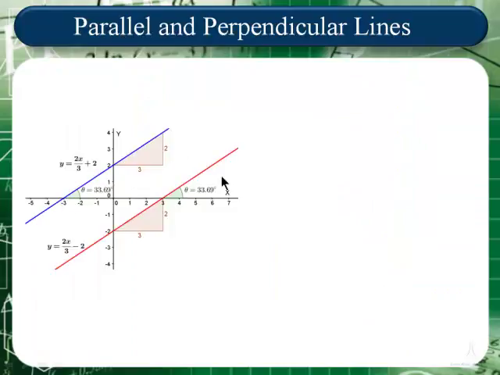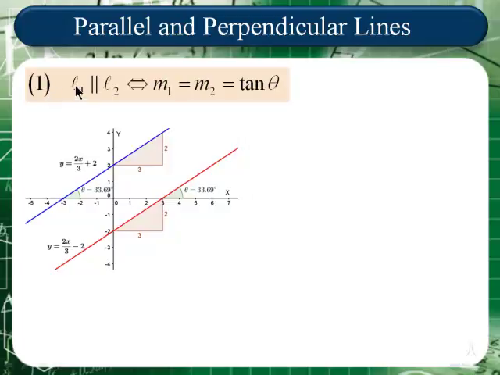Now here's an example of two lines that are parallel. Can you see both of them make exactly the same angle with the x-axis, and if we measure the gradients they are exactly the same. As you can see from the two defining equations, the only difference is the y-intercepts. So we can conclude that line 1 is parallel to line 2 if the gradient of line 1 is equal to the gradient of line 2, because both of them are equal to tan of the same angle.